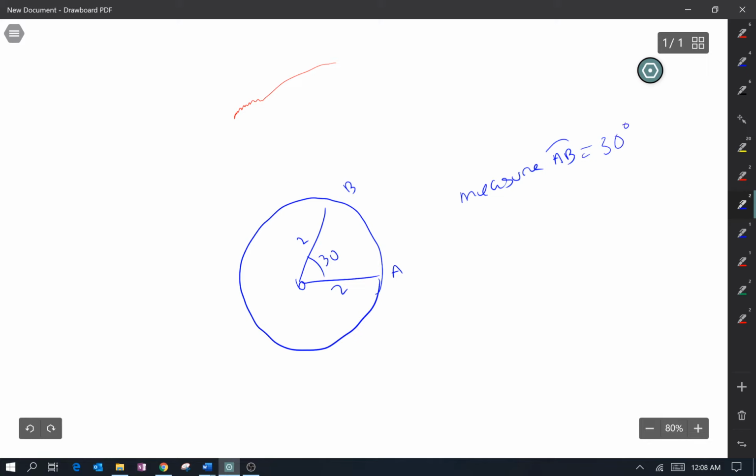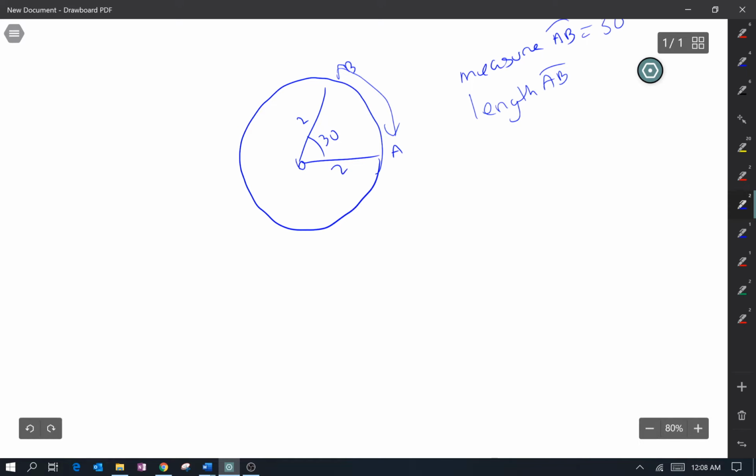Now, the next thing they're going to ask is the length of arc AB. The length is how long that is. There's a difference. Measure of the arc is in degrees. The length of the arc is a measurement, like 6 feet long or whatever.